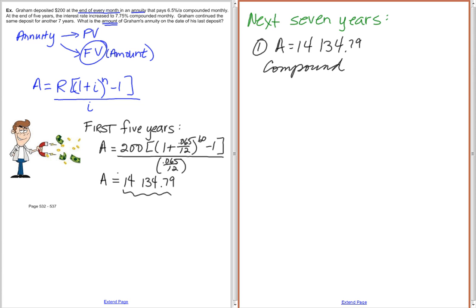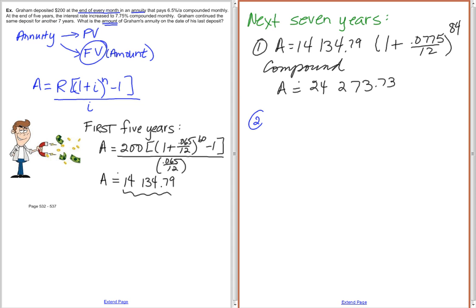And it's going to sit, and it's going to earn 7.75%. And it's going to sit there for 7 years, which is 7 times 12, which is 84. So that amount that we earned for the first 5 years sits and ferments, basically, and it becomes $24,273.73. Deep breath.